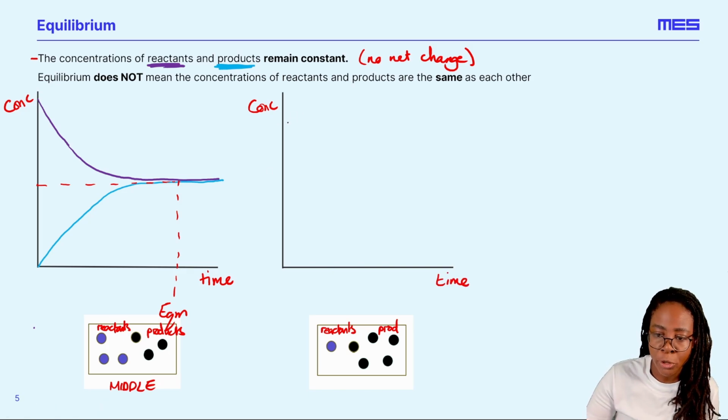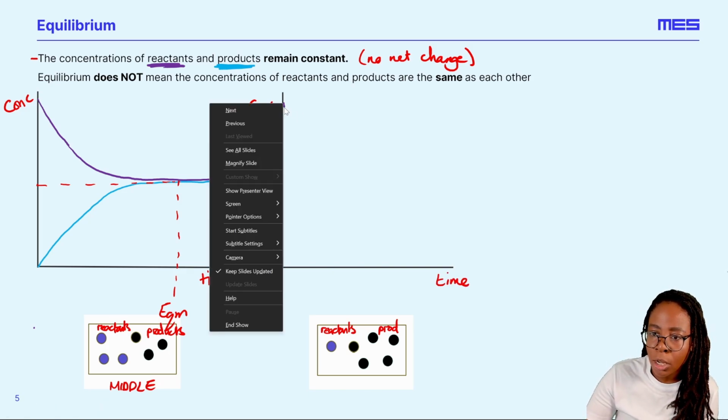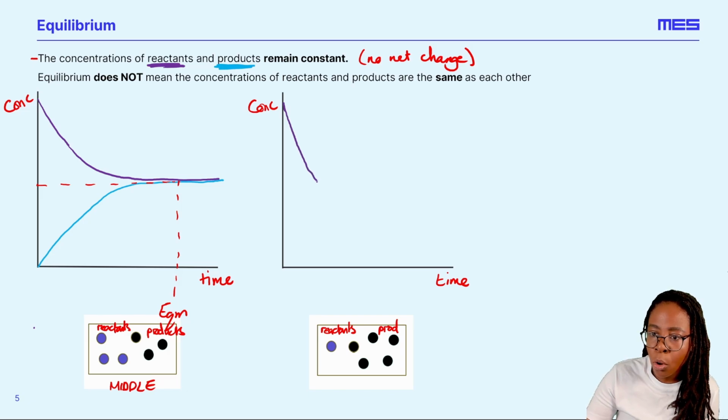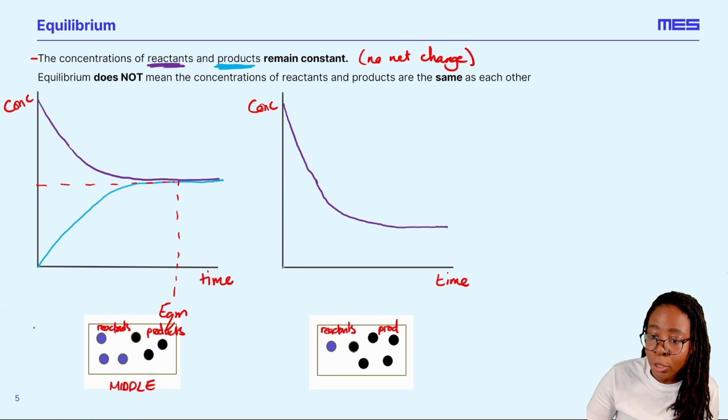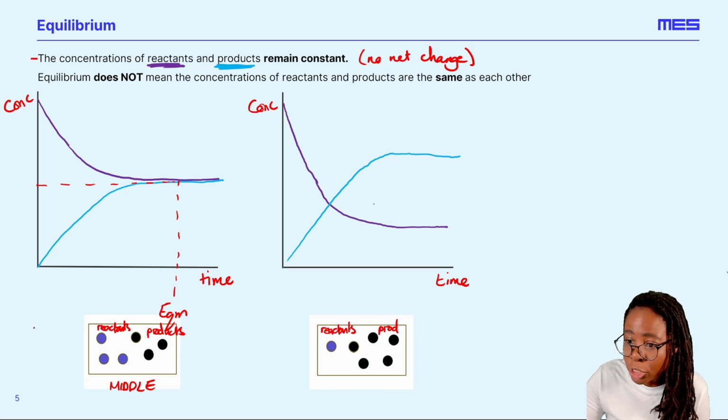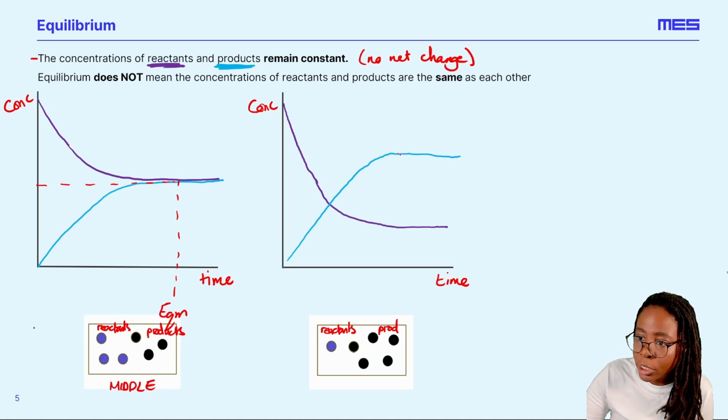Well, it's the same overall principle in that the concentration of the reactants is going to decrease over time as the reactant particles are being used up, and the product concentration is going to increase over time, but it just so happens that when the lines become horizontal and so the concentrations are no longer changing, which is about here, we've reached equilibrium, because the lines are flat and the concentrations of reactants and products remain constant, but we've got at equilibrium more products than reactants.